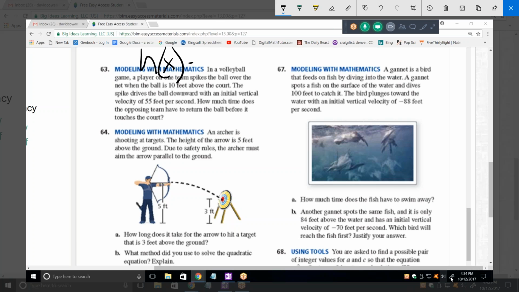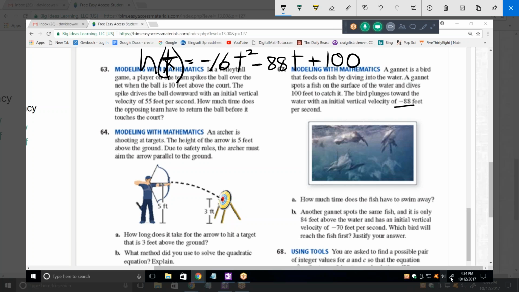So h of t equals negative 16 t squared, negative 88 t plus 100. That's its initial height, 100 feet. That third number is always the initial height. The middle coefficient is always the initial velocity. And in this case, they tell us that it's minus 88. They don't make us figure it out.